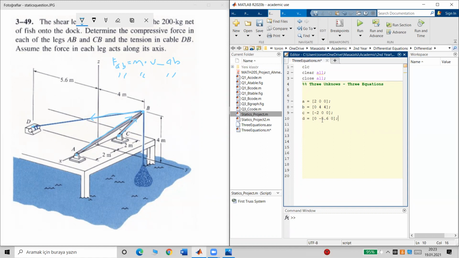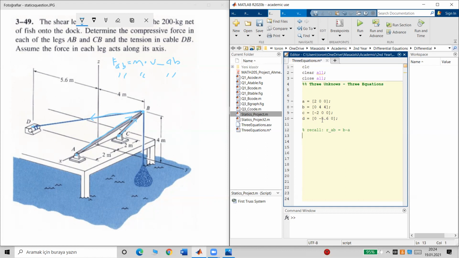Now we are ready to define also position vectors for each force, right? So let's recall, position vector AB is equal to point B minus point A. Now let's start typing down the position vectors for each force.